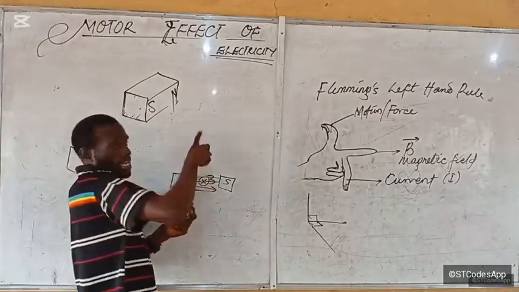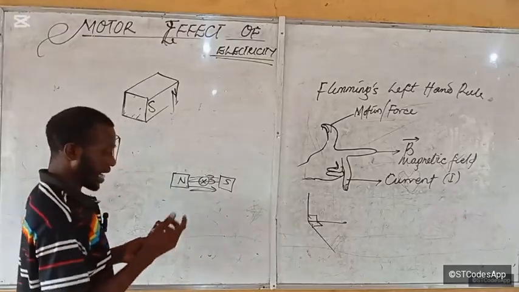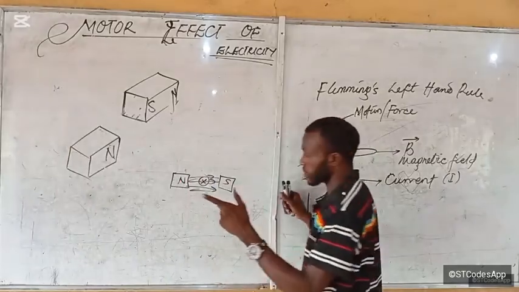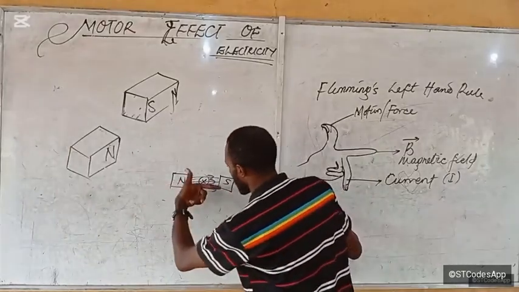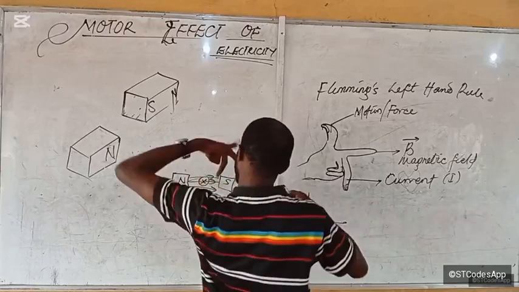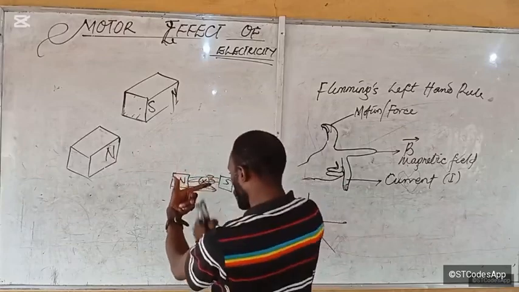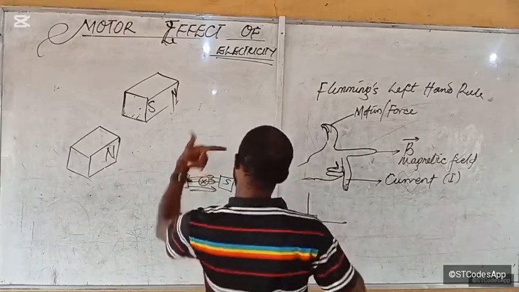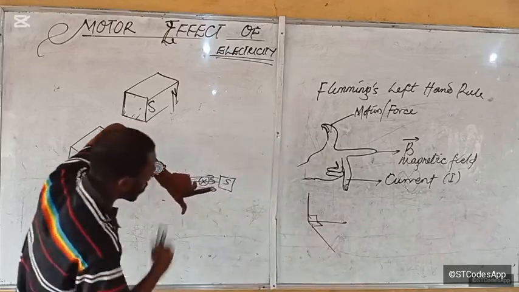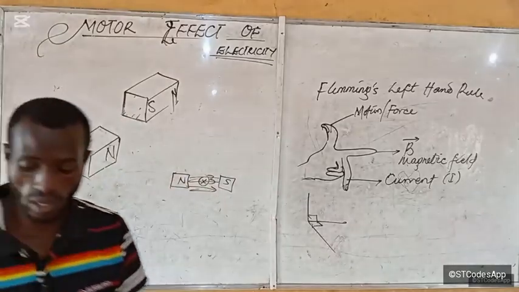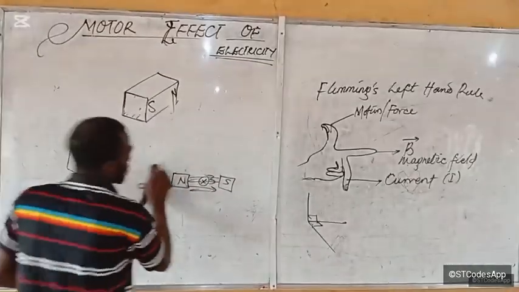So align your hand, your left hand rule. Remember, it's the left hand rule. Align your hand such that the B field is like this and the current is into the board like this. Once you turn it into the board, where is the force? The wire is going to go down. Is that okay? So test yourself in various ways. You're going to understand it.